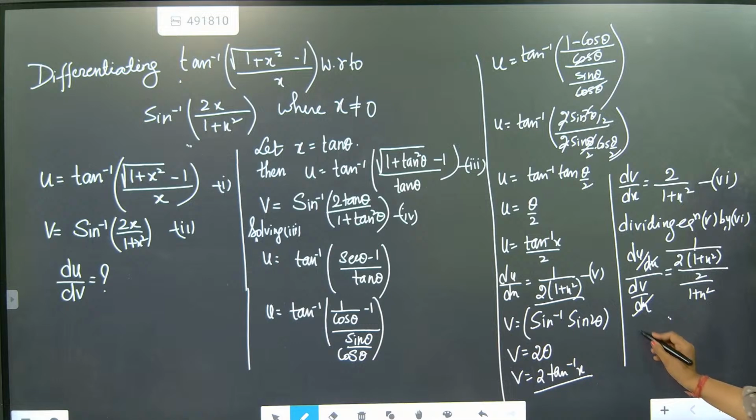So du by dv is equal to 1 by 2 root under 1 plus x square into (1 plus x square) by 2. This and this will get cancelled. The answer will come 1 by 4.